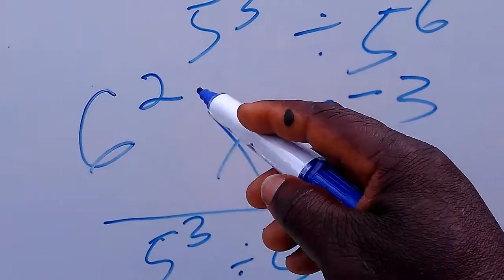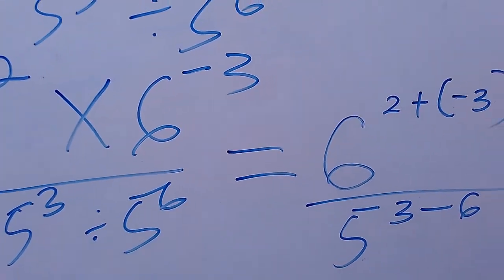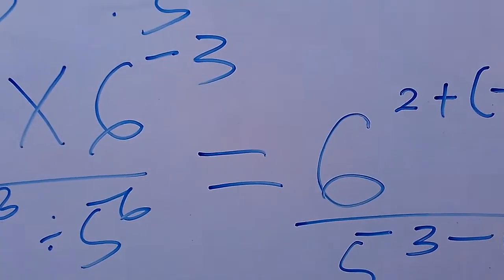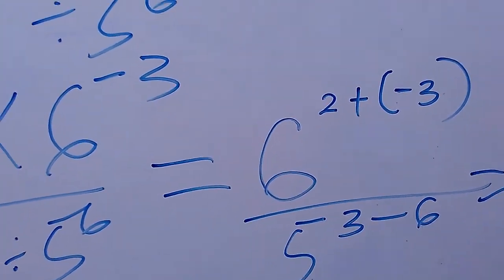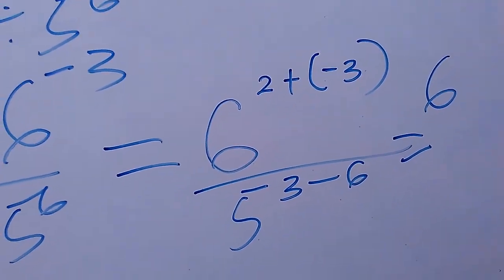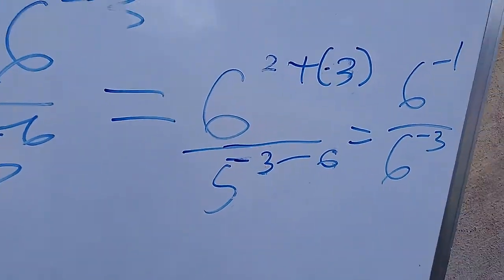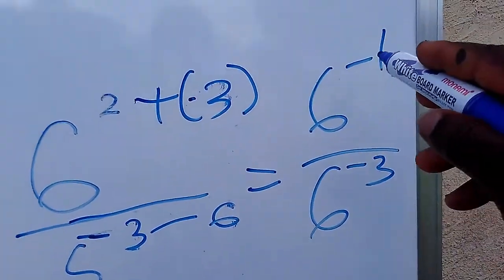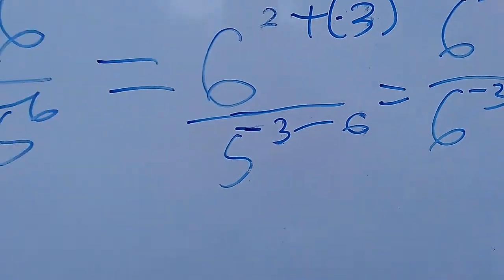We are adding this 2 with this minus 3. So this will give us 6 raised to the power minus 1. So we now have this: 6 raised to the power minus 1 all over 6 raised to the power minus 3.